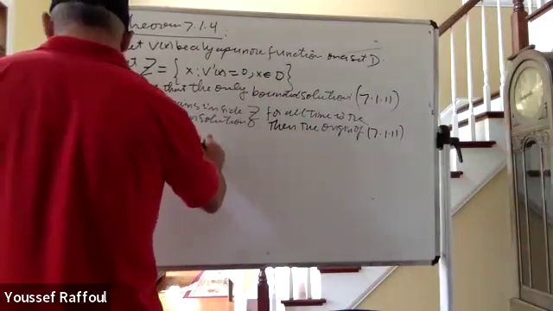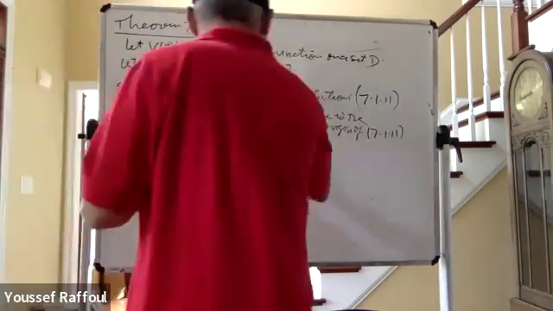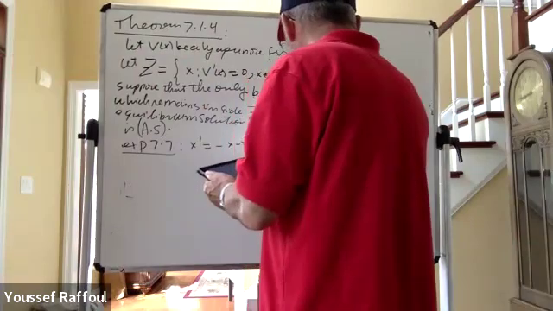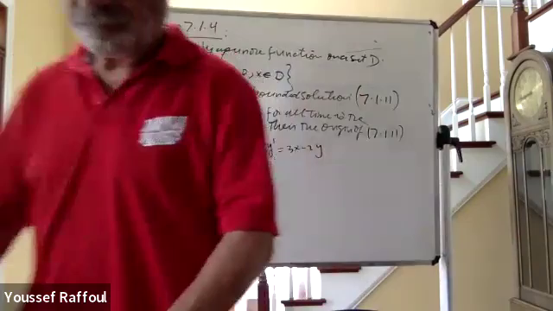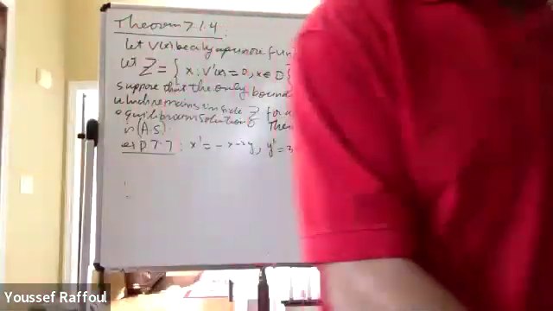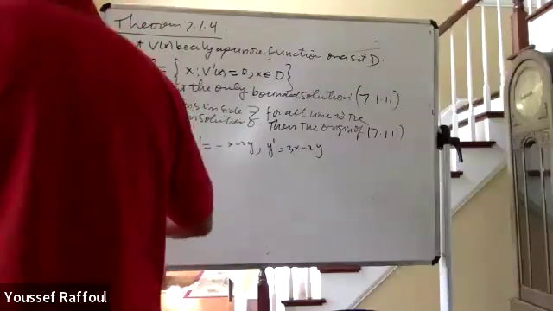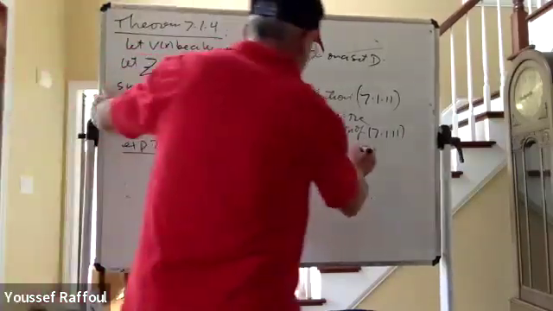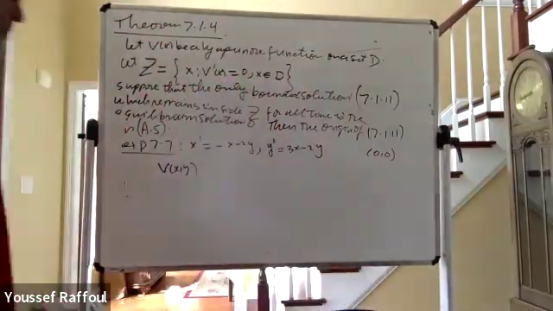So we have x prime equal to minus x minus 2y, y prime equal to 3x minus 2y. Let's take V of x. Again, (0, 0) is an equilibrium solution.